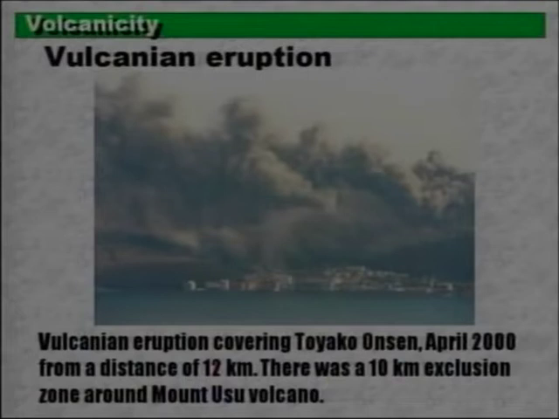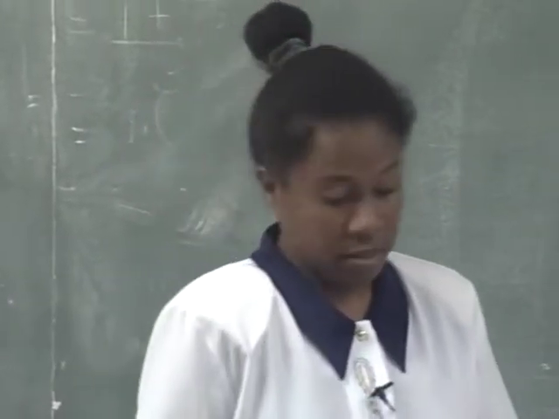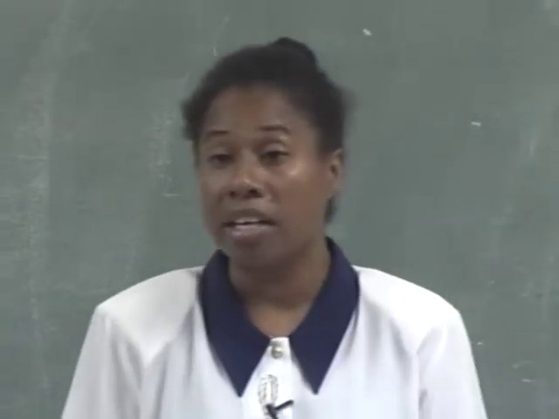And here we have a Vulcanian type eruption as shown there from the photograph. You can read more on the Vulcanian eruption, again from the handout or the worksheet that has been distributed.